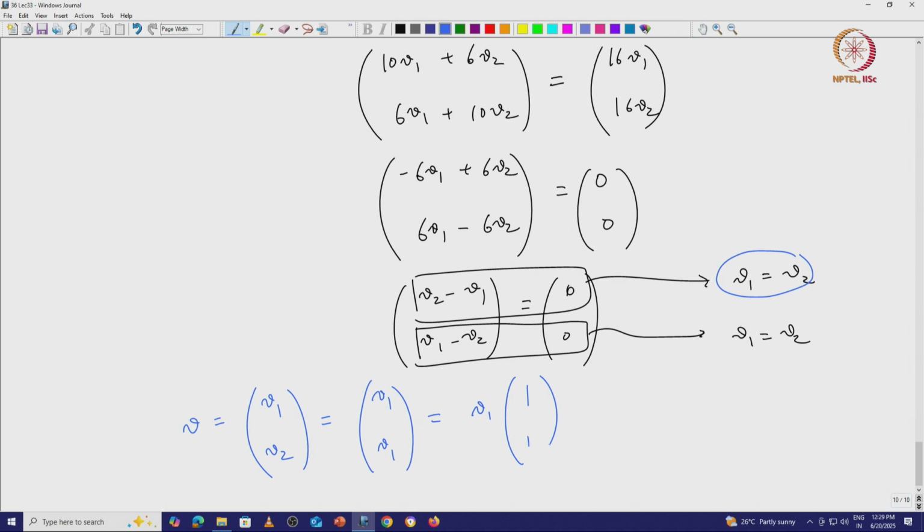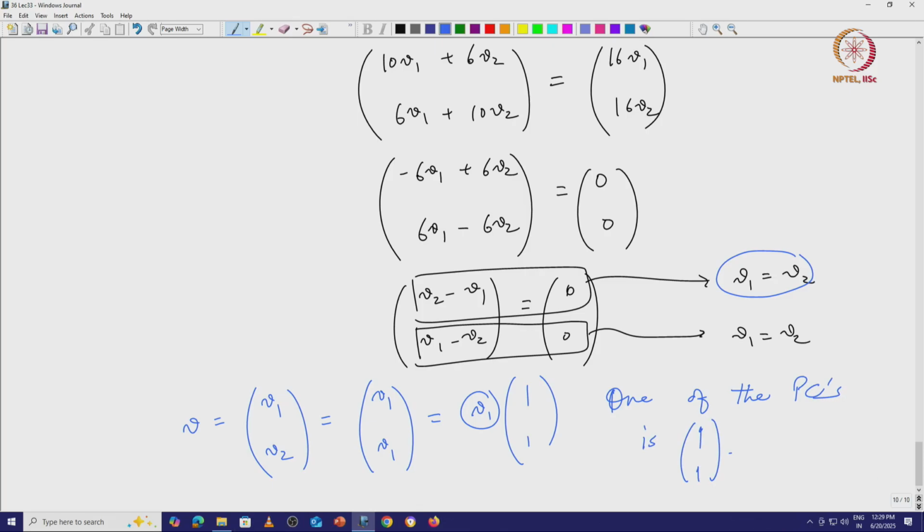Right, this particular vector, and since the constant does not really matter, you can say that the first principal component, or at this point you can't say, so one of the principal components, so one of the PCs is 1 comma 1, alright.